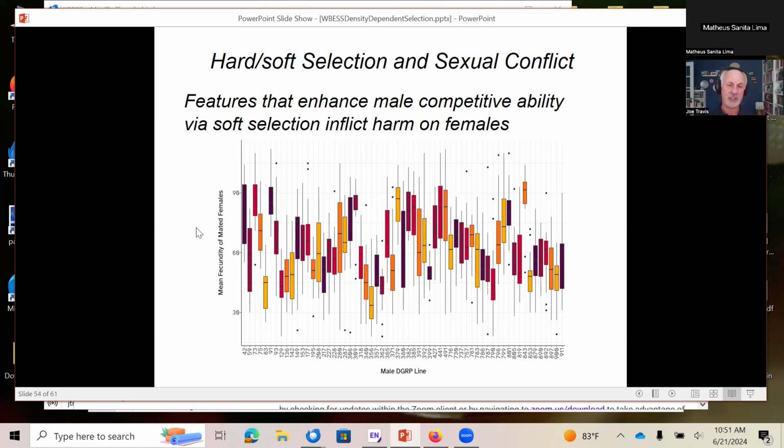But what I want you to see is that some male genotypes induce a lot more harm than others. So look down here, this particular genotype, female fecundity is a third of what it is when a female is mated to this genotype over here. So sometimes the features that enhance male competitive abilities, and these are more competitive males, can inflict harm on females. This is sexual conflict.